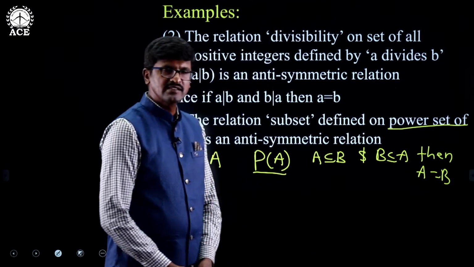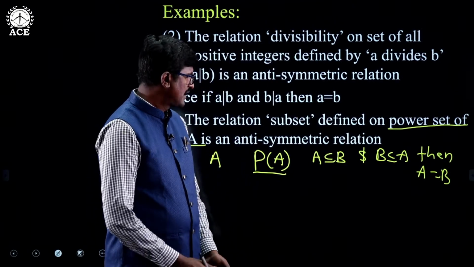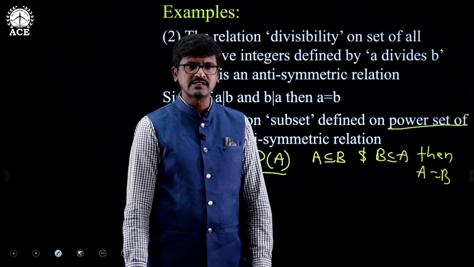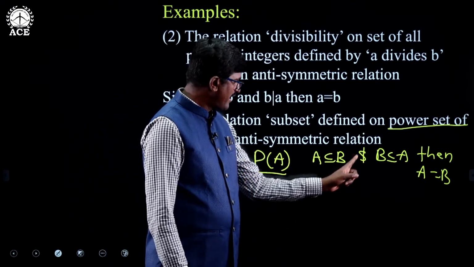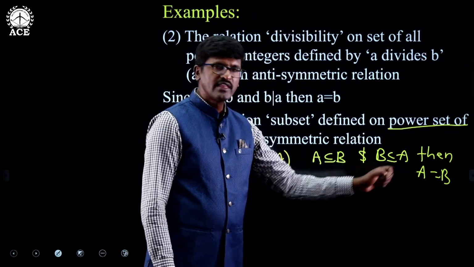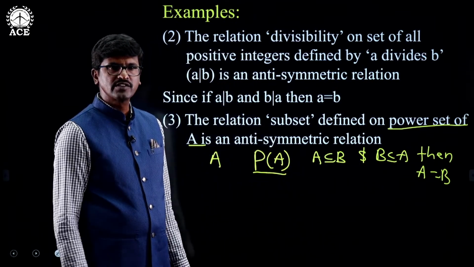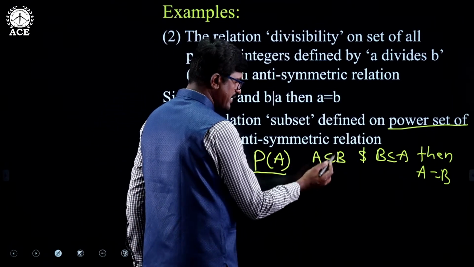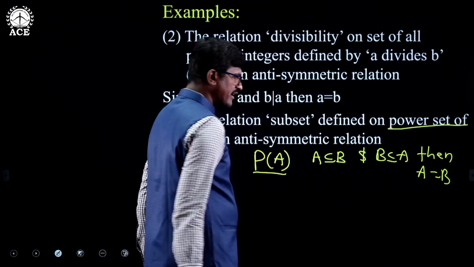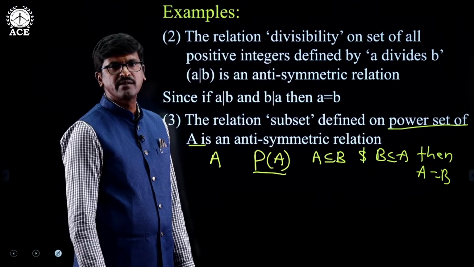In one of the previous lectures, I explained equal sets. The definition of equal sets is, if A is a subset of B and B is a subset of A, then A and B are equal to each other. So for any two subsets, if A is a subset of B and B is a subset of A, then A and B are equal.